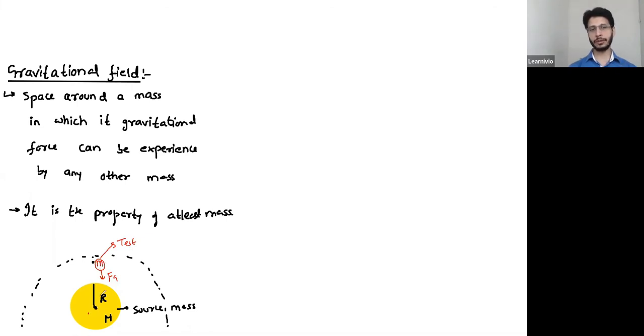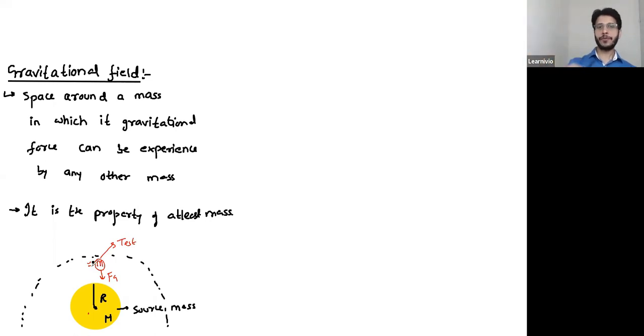It's a very simple thing. If due to this capital M, this small m can experience a force, that means the field of capital M exists here. But if it does not experience a force, that means the field does not exist.